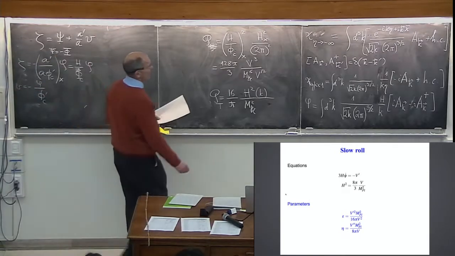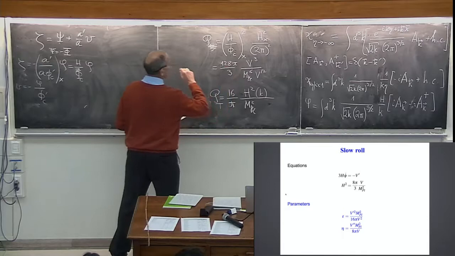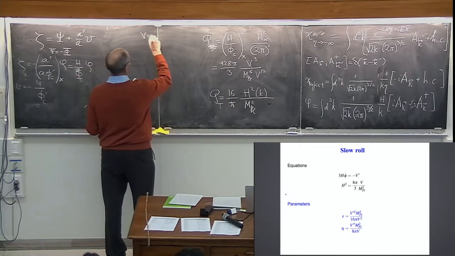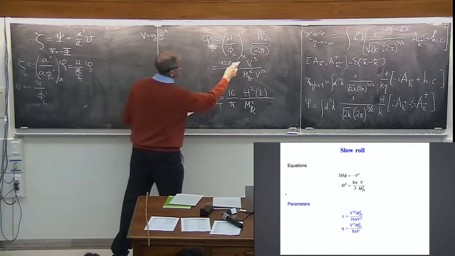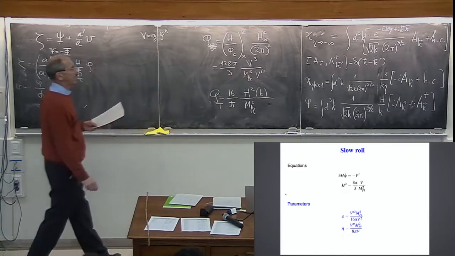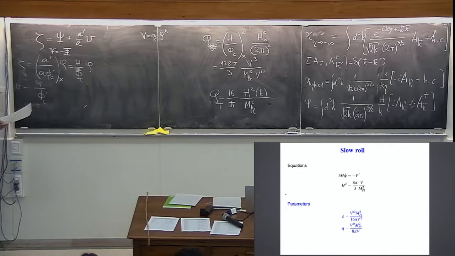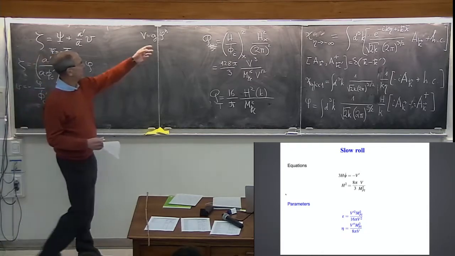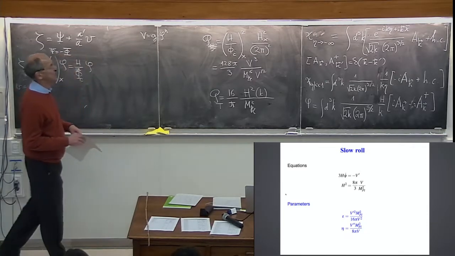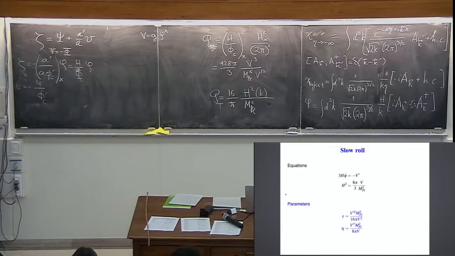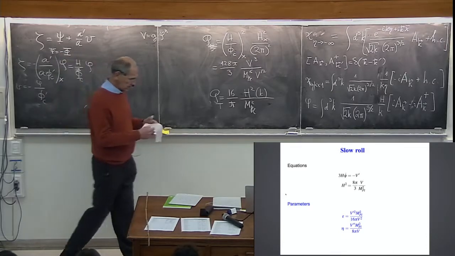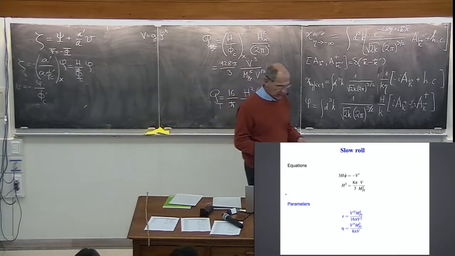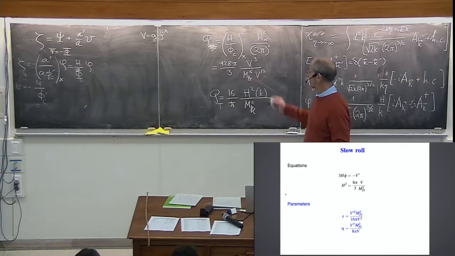So if my potential is a power law, g times phi to the n, this is obviously proportional to g, the coupling constant. Or if n is 2, then it's a mass squared, right? So by choosing this coupling constant appropriately, you can fit the amplitude of scalar perturbations, right?